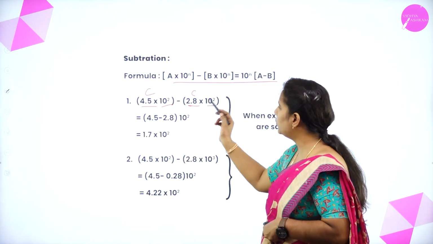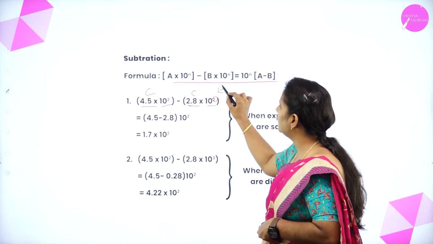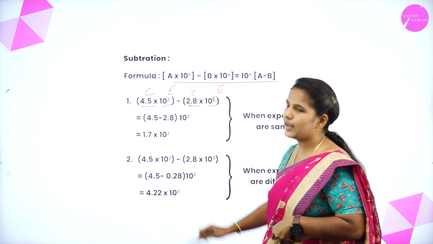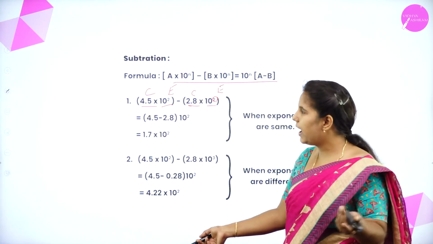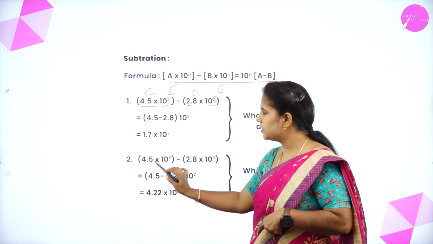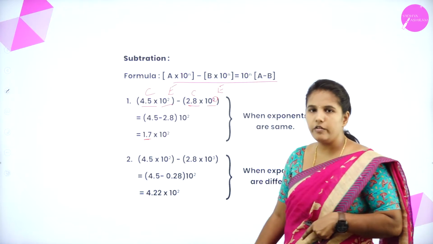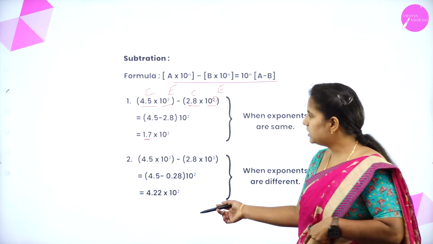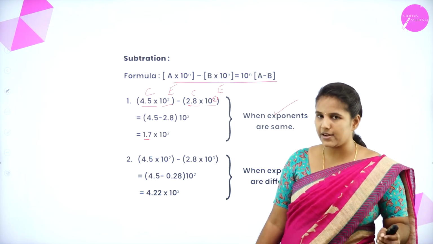Here 10 to the power of 2 gives the exponent 2, and here also 2 is the exponent. So the exponents are the same. What we have to do is subtract the coefficients, and you will get 1.7 into 10 to the power of 2. This is how, when the exponents are the same, we can do the subtraction.